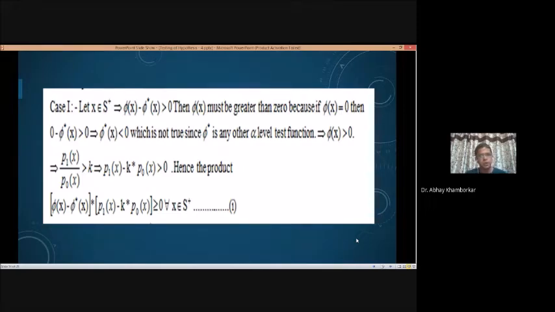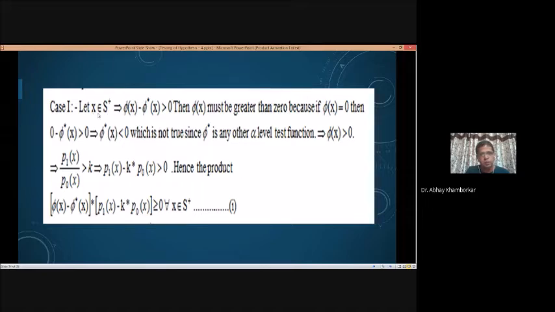We are assuming that the sample value belongs to S plus, that is, S plus is nothing but the subset of sample space. So if x belongs to S plus, according to the definition of S plus, we know that for such cases, phi of x minus phi star of x is greater than 0. That's what we have defined as far as S plus is concerned.